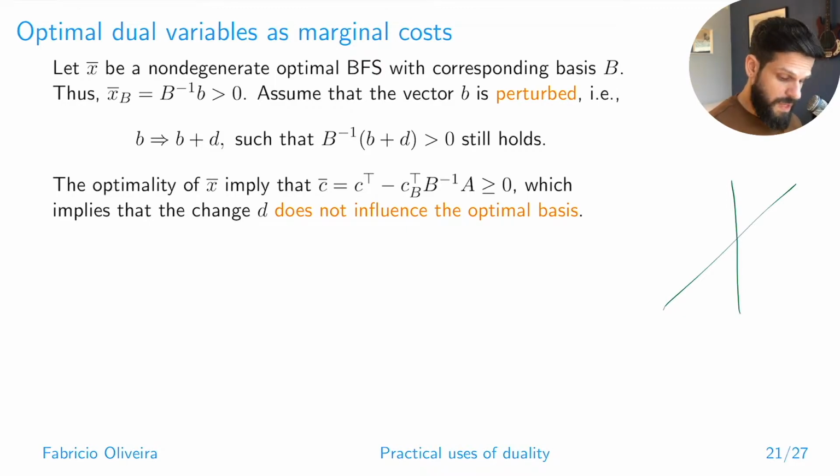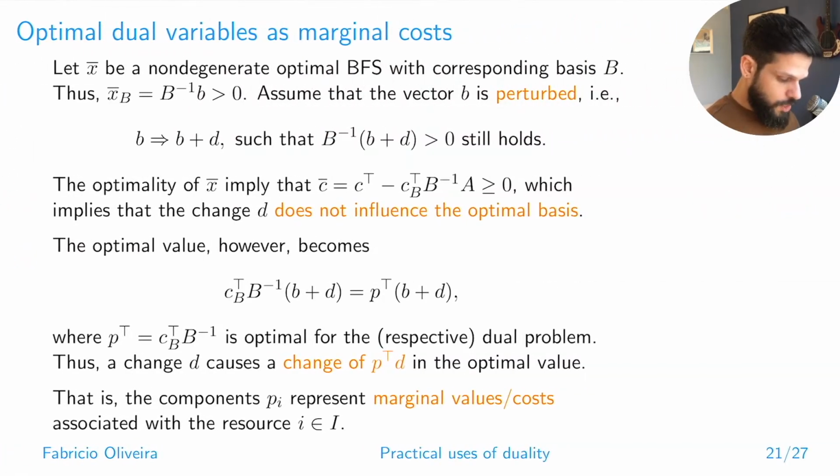You can't, just by marginally moving this, change what is the optimal basis, unless suppose you had another constraint like in blue here, and then you do a movement that is big enough to move this away. Then what you're actually going to be making is this basis infeasible. And that's what we're preventing when we say this. So for marginal changes of this, you would still remain with this selection for the basis in terms of what are the active constraints.